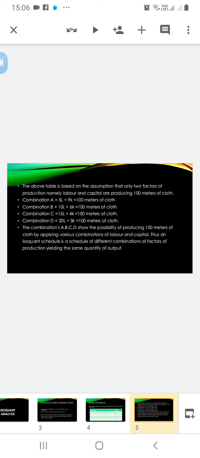The combinations A, B, C, D show the possibility of producing 100 meters. An isoquant schedule is a schedule of different combinations of factors of production yielding the same quantity of output. So here the combinations A, B, C, D have different factors, but the quantity of output is the same, 100 meters of cloth only.